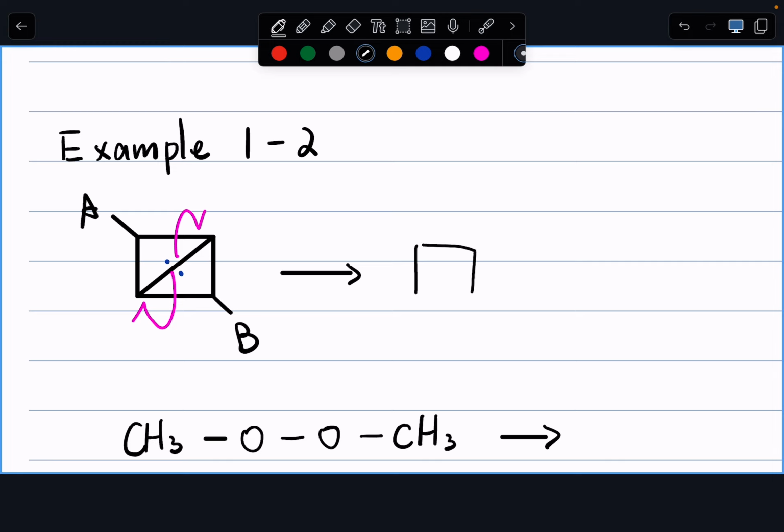Everything else will stay the same, and I'm just breaking the center bond. After we break it, where do my electrons go? One electron goes to this carbon, one electron goes to this carbon. So the product will be a diradical species. Don't try to memorize it, just think about what is taking place when you have a single-sided arrow. One electron goes to this carbon, the other electron goes to this carbon, and hence you know that's the product.